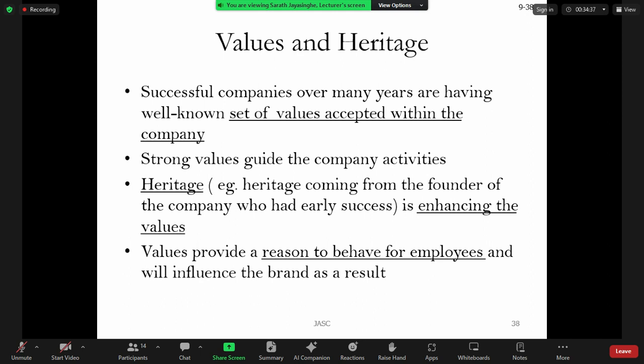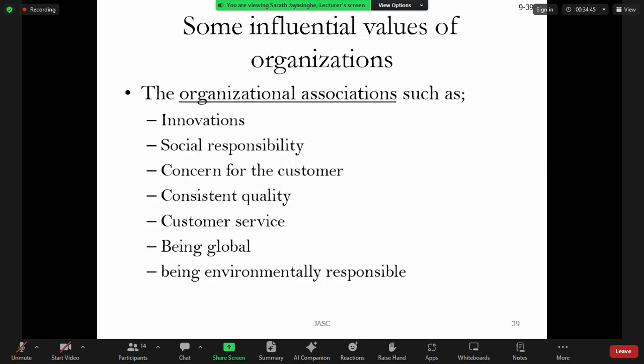We are having good heritage and good value system, so that will help to enhance the final result. There are some influential values of organizations: the organization associations such as innovation, social responsibility, concern for the customer, consistent quality, customer service, being global, being environmentally responsible, right?